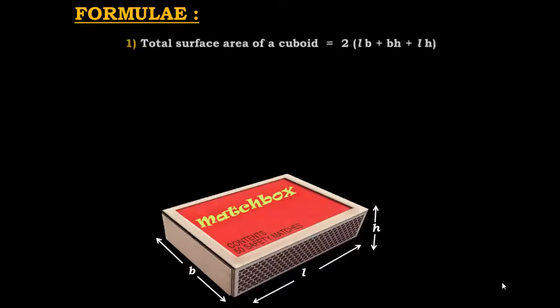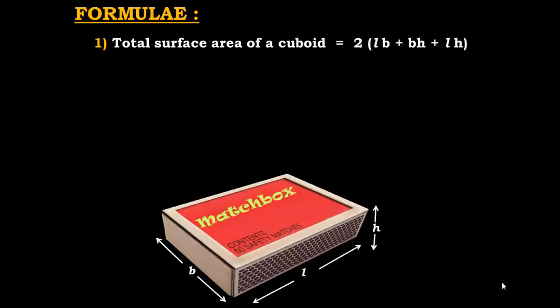The first formula is the total surface area of cuboid. A cuboid has total 6 surfaces. So total surface area means the surface area of each rectangular part. So total surface area will become 2 into bracket LB plus BH plus LH.